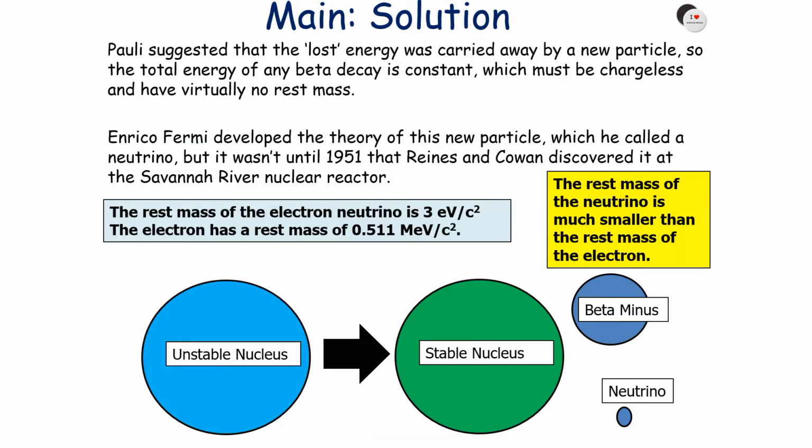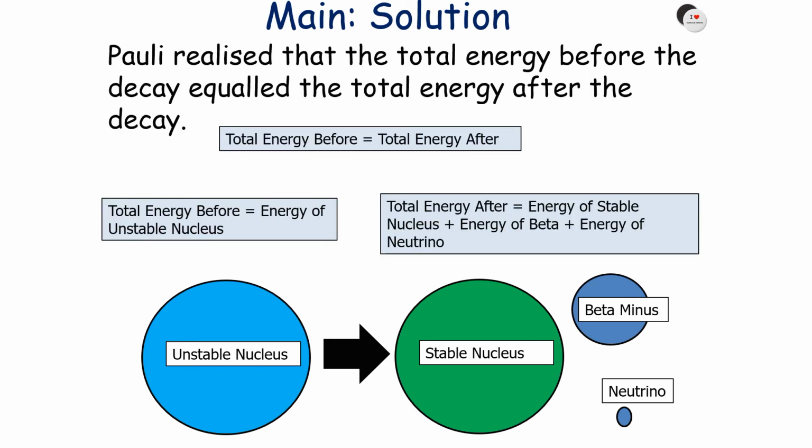So what was happening? Well, a physicist called Wolfgang Pauli suggested that the lost energy was carried away by a new particle, so that the total energy of any beta decay is constant. Now, this particle must be chargeless and have virtually no rest mass. So this was the idea of the neutrino. The rest mass of a neutrino is much smaller than the rest mass of an electron.